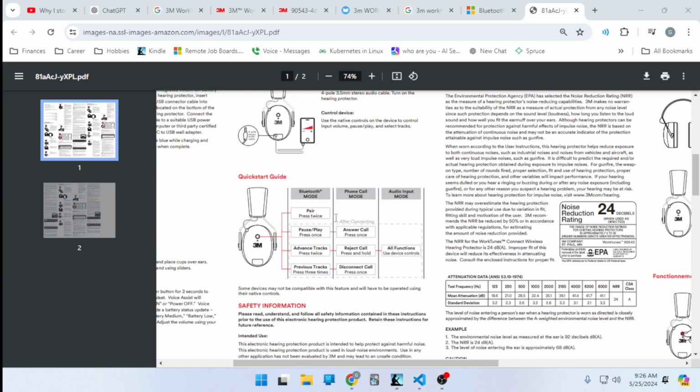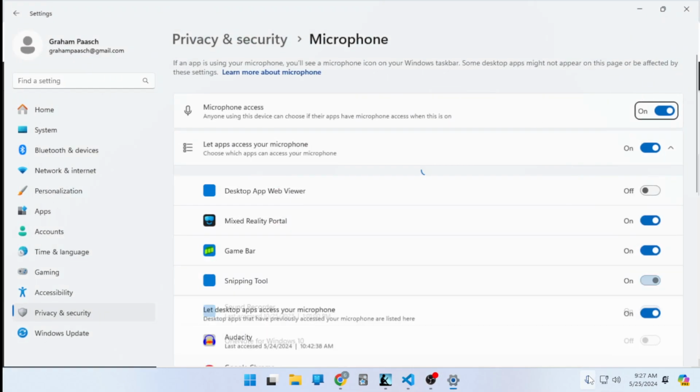I wonder if I can try disconnecting a call. So if I press previous tracks 3 times, 1, 2, 3, and then press. Yeah, so this is kind of a breaking problem here.